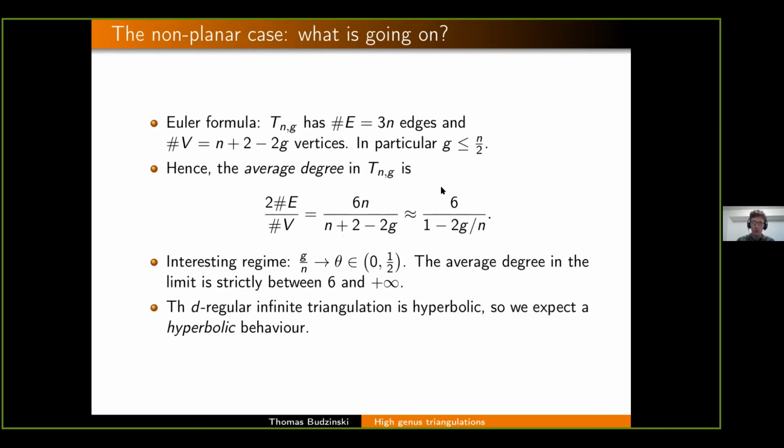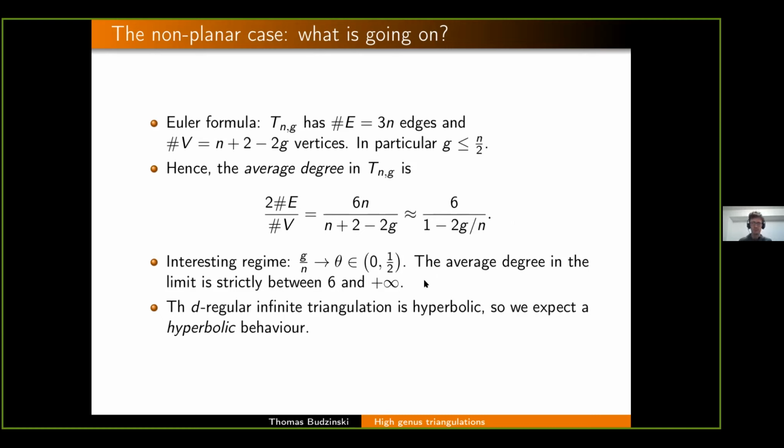And we know that if we have a regular triangulation with degrees larger than 6, then we can expect this triangulation to be hyperbolic in some sense. For example, the 7-regular infinite triangulation is a hyperbolic object. So we're also going to expect a kind of hyperbolic behavior.